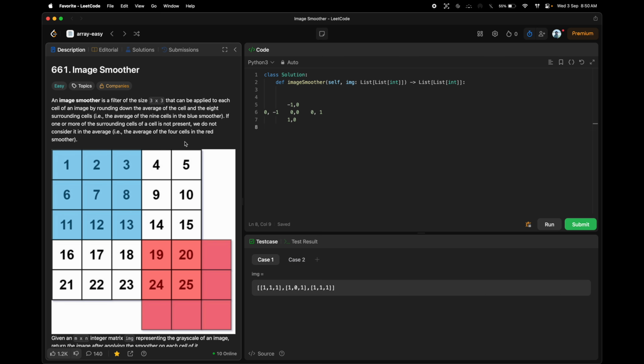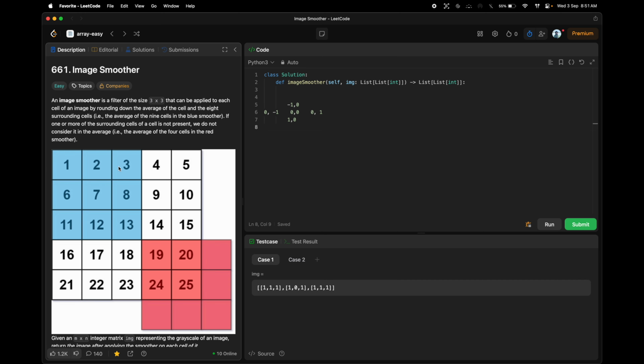So the question was we are given a grid, and what we need to do is recompute the value of each cell, and the value of each cell is the average of the cells around it.